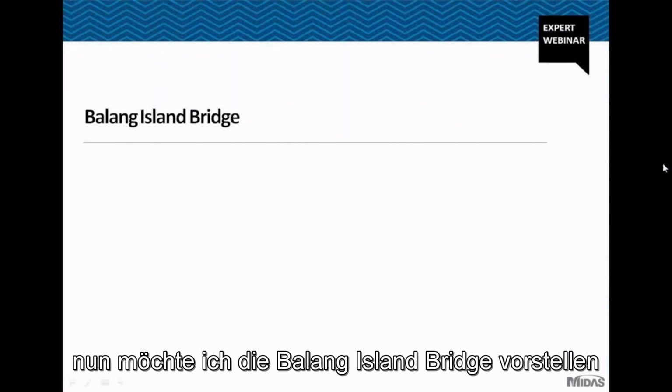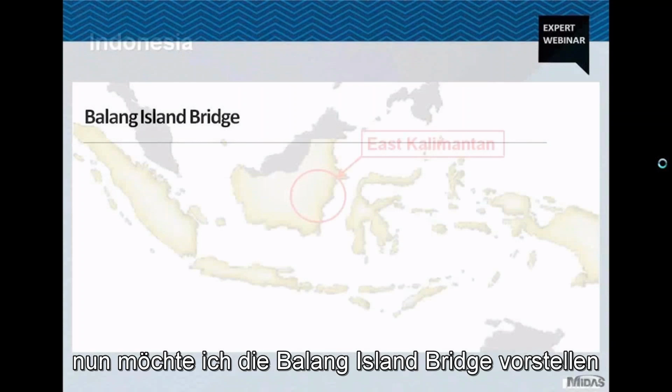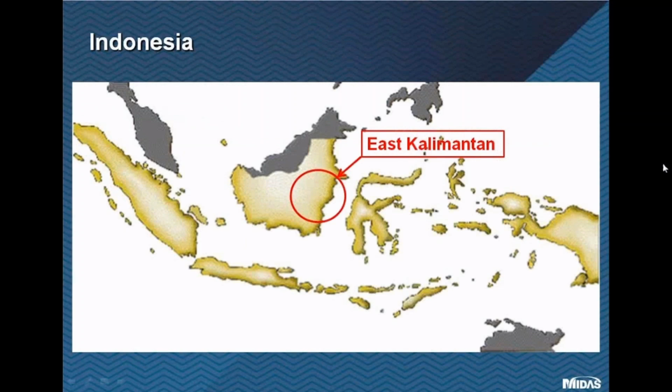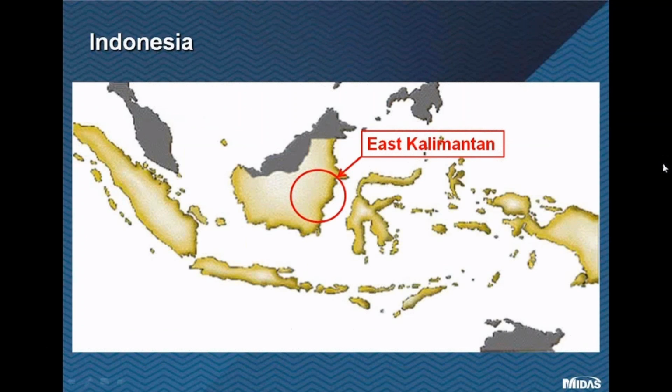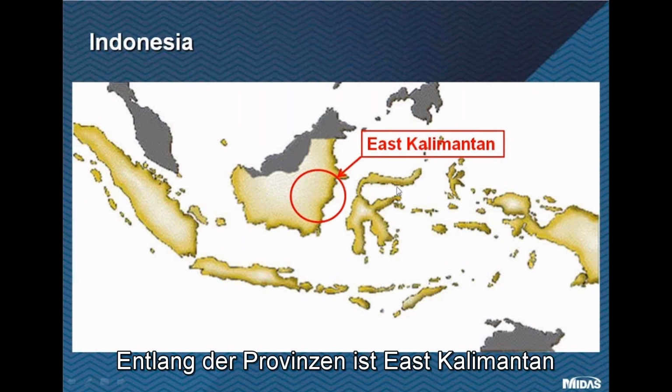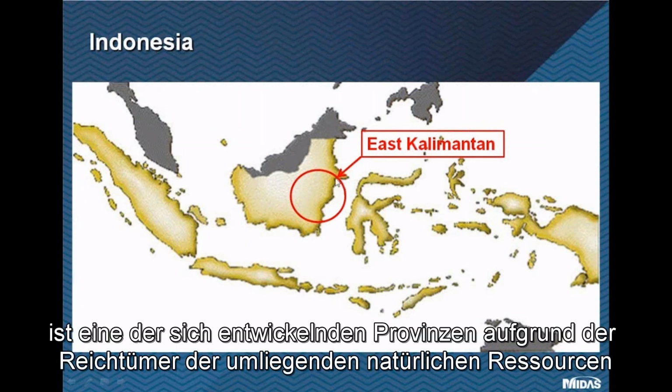Now I want to introduce the Balang Island Bridge. Indonesia is an archipelago consisting of more than 17,000 islands. Among the provinces, East Kalimantan is one of the developing provinces in infrastructure due to its riches of natural resources.